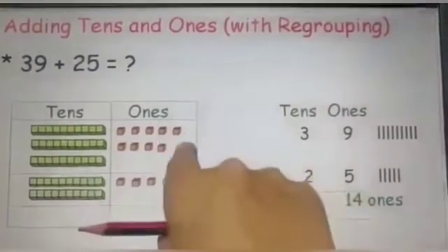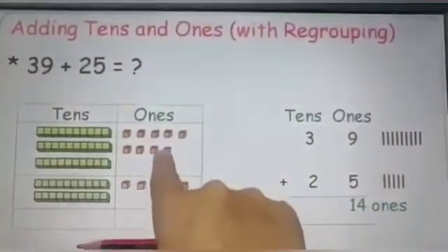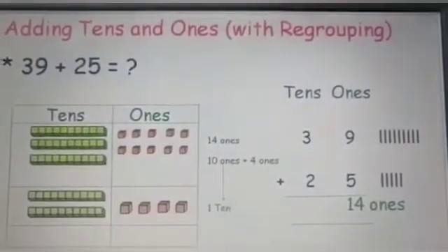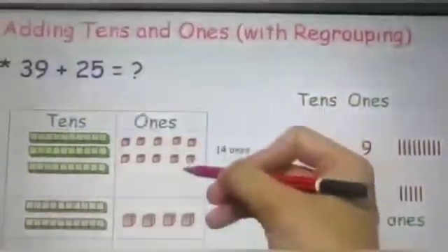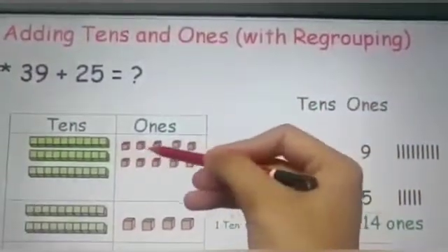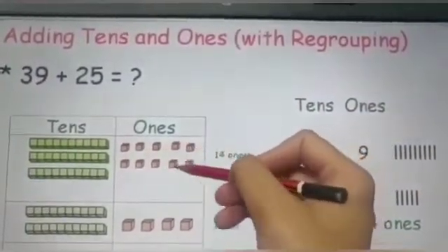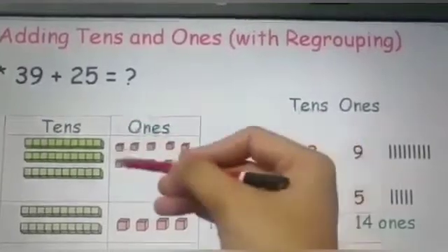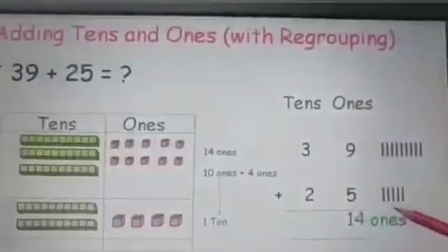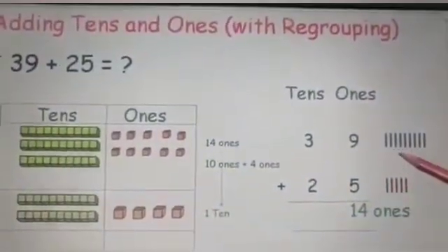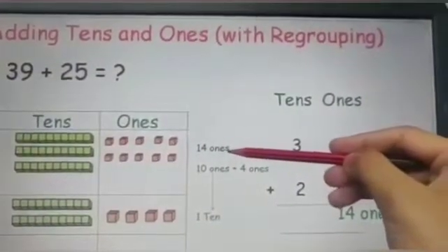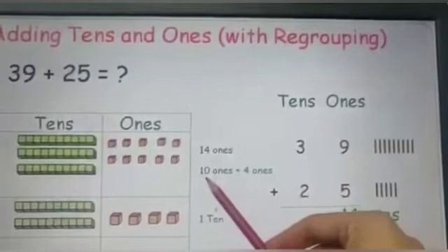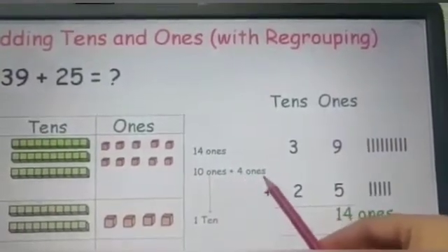Look, here are how many blocks? 9 blocks. What I have done, I have collected 10 blocks here. 1, 2, 3, 4, 5, 6, 7, 8, 9, 10. And how have I done this? Look, this 14 ones I have separated into 10 ones plus 4 ones.